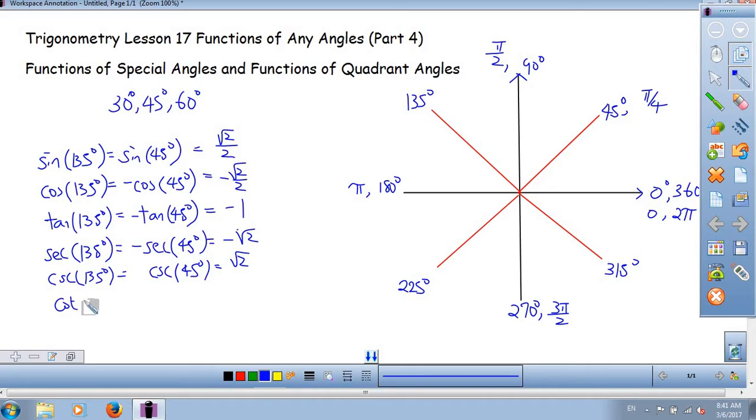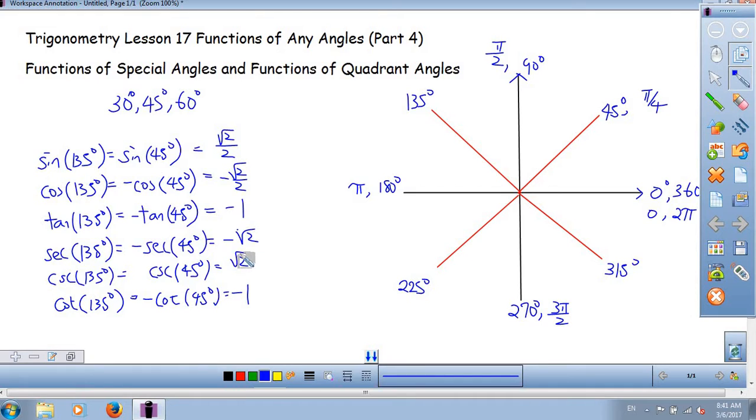Then cotangent of 135 degrees will be equal to negative cotangent of 45 degrees, which is negative 1. So you can see what we're doing here is, if we know 45 degrees, then we can know the special angles 135, 225, and 315.